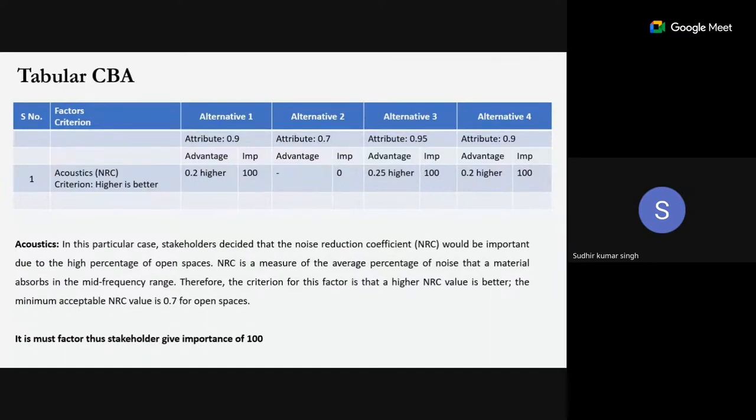Now there may be a confusion that for the third one, Optima PB, I have taken 0.25, but still I have taken 100. Why not 100, 500, 10? Why only 100? Because the scale essentially is 0 to 100.